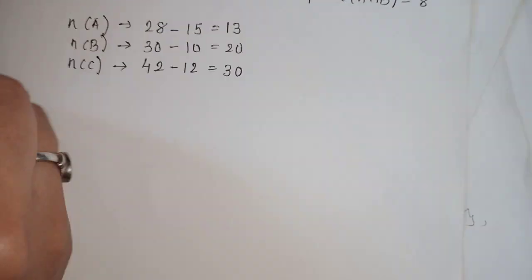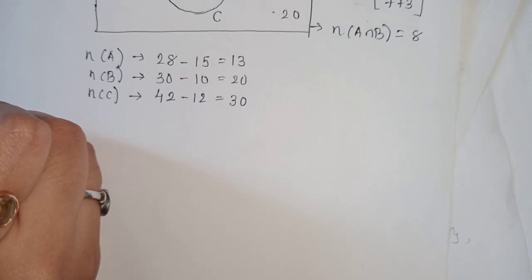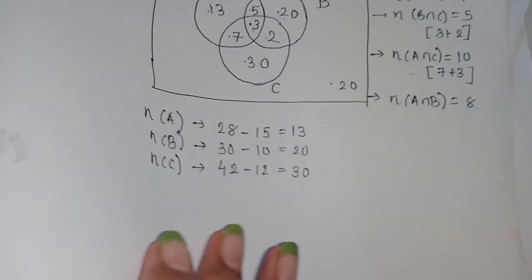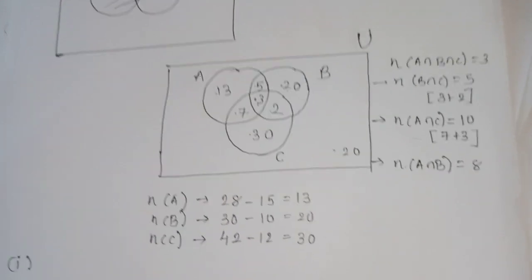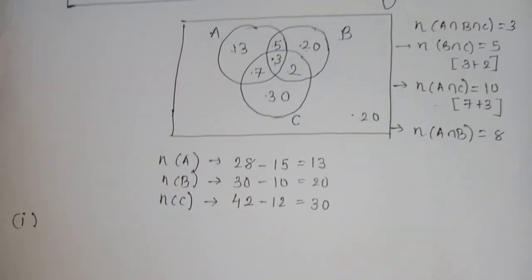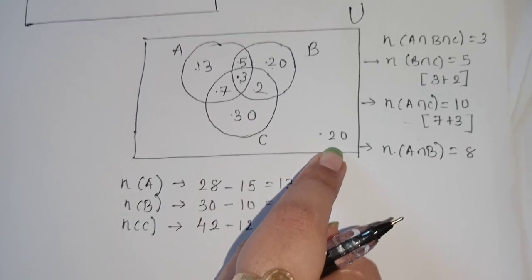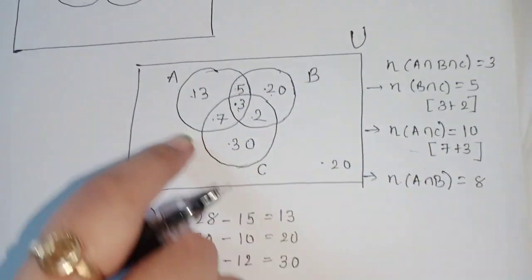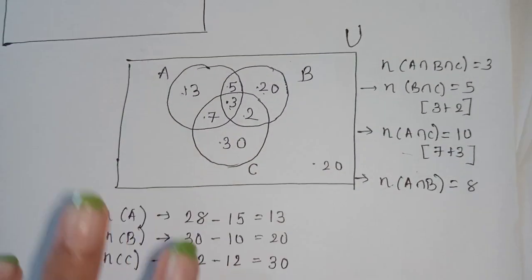Okay, so now my question was, how many read none of the three magazines? So these are the 20%, because we have taken a survey of 100 persons. 80 are reading some magazines, but 20 are reading none of the magazines.